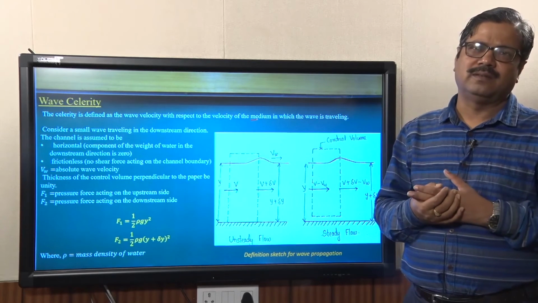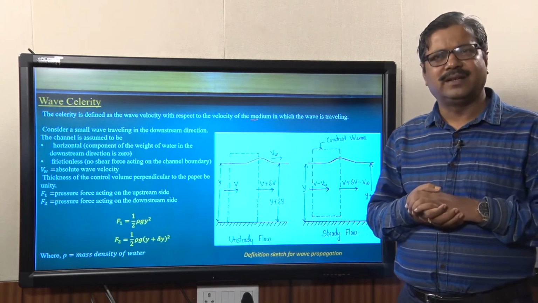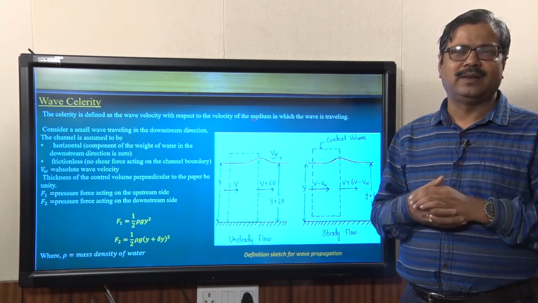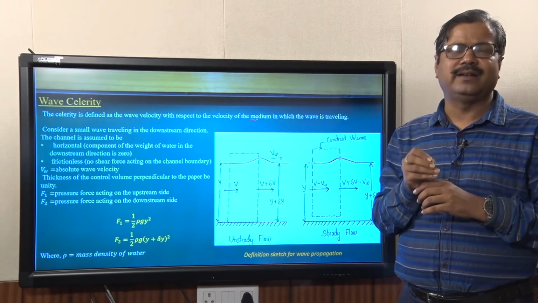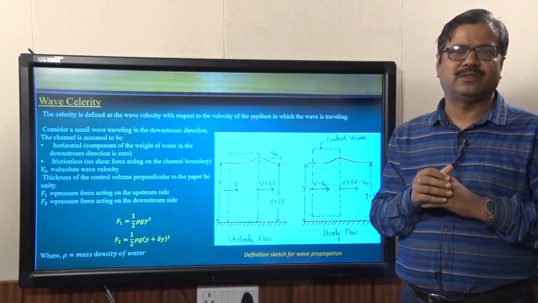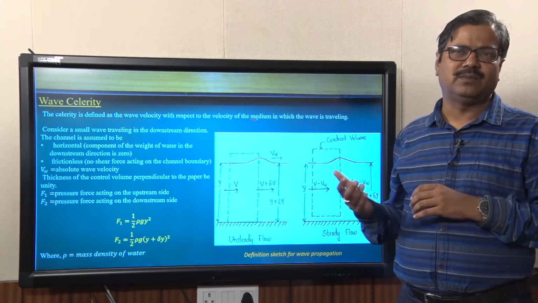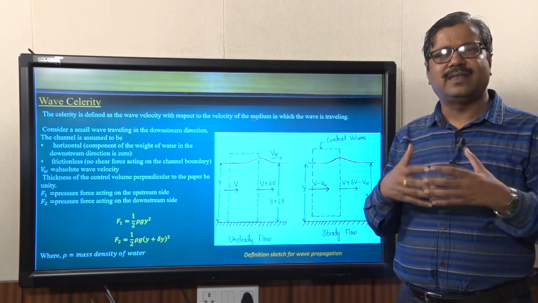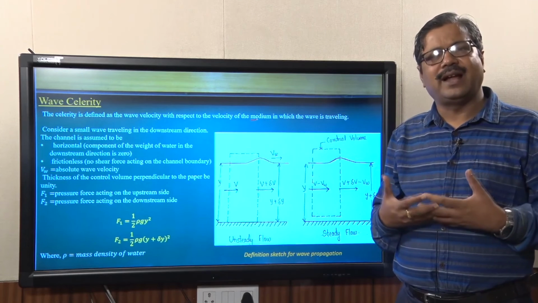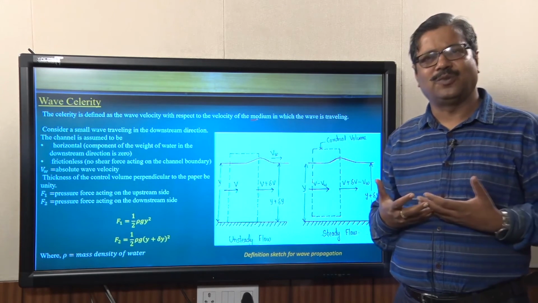Most often river specialists say you go to the bank of the river, throw a stone and create a disturbance over the river, and look at the propagation of that disturbance, whether it moves upstream or downstream, or propagates in both directions. Based on that propagation, we can identify whether the flow is subcritical or supercritical.